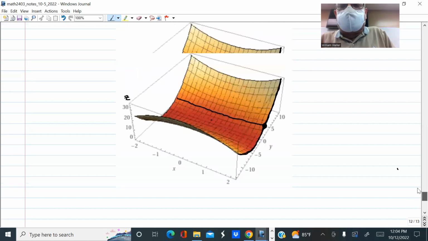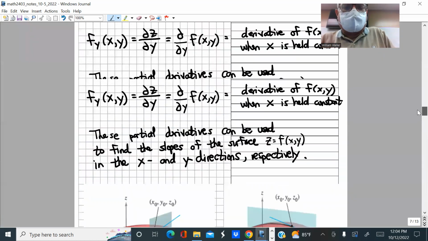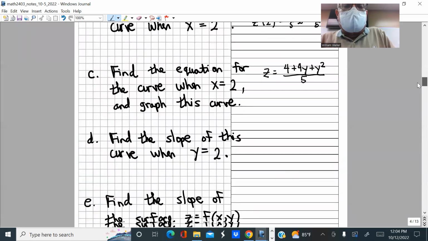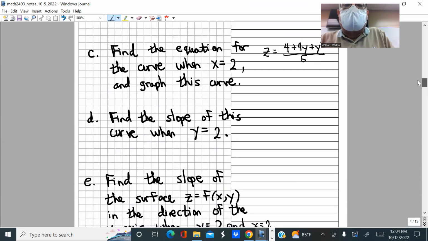So what does the derivative turn out to be there then? So what is z prime? What is it going to be equal to there? 2/5 y plus 4/5.